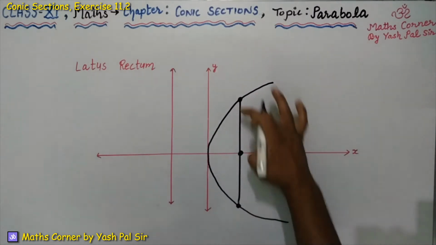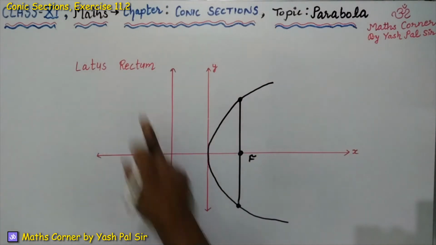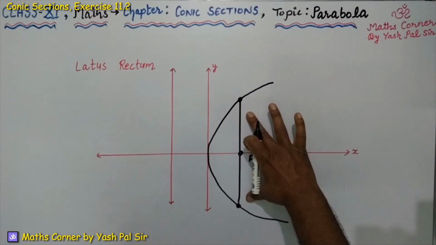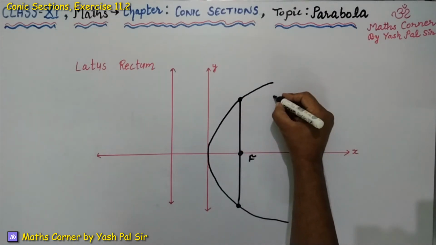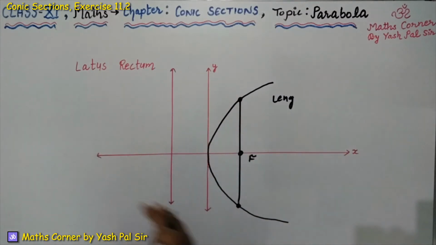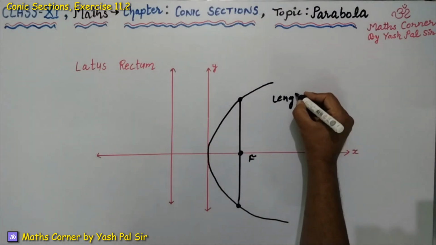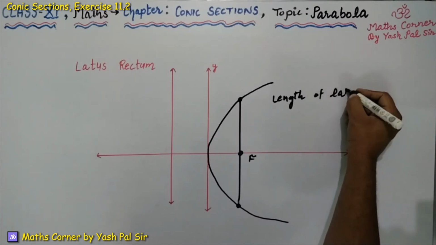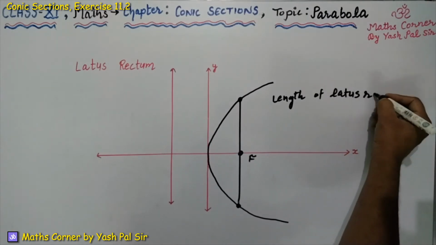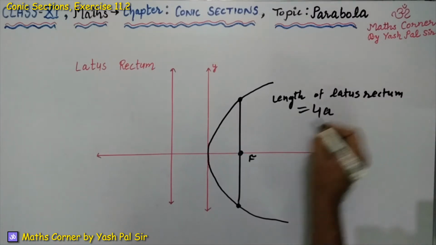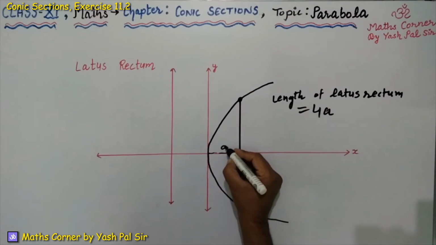This line segment is called latus rectum. Okay, so the length of the latus rectum, first of all, in each case, right-handed parabola, left-handed parabola, upward parabola or downward parabola, in each case length of latus rectum is equal to 4a.